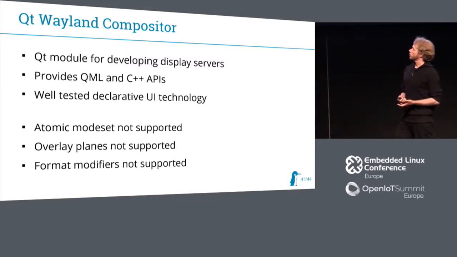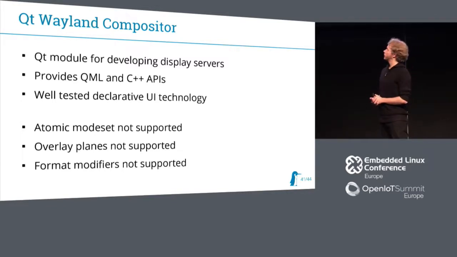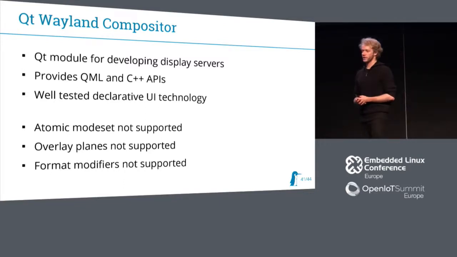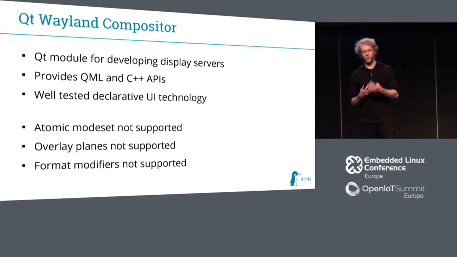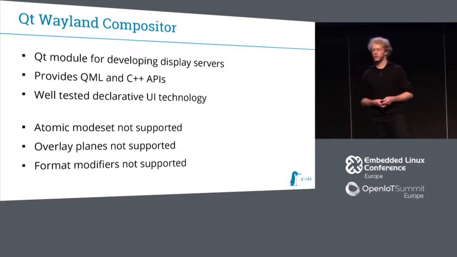And as it uses QML, it's a pretty well-tested declarative technology. The problem with the Qt Wayland compositor is it does not use atomic mode set, and therefore it cannot use overlay planes, and it cannot use the format modifiers, and it's also not that performant to use in an embedded use case.